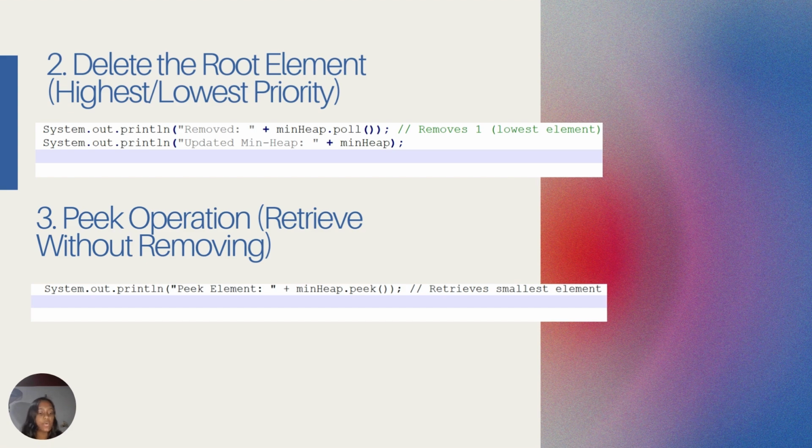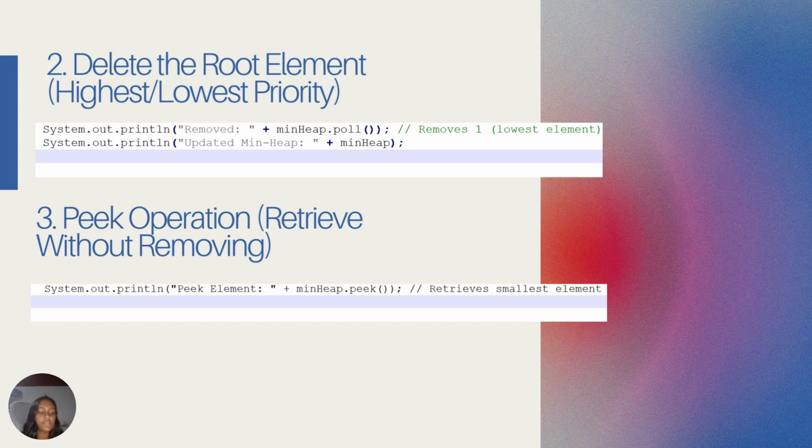Check if the queue is empty before peeking to avoid null values when the queue is empty. We can use another code: if (!minHeap.isEmpty()) then System.out.println("Peek element: " + minHeap.peek()), else System.out.println("Priority queue is empty").